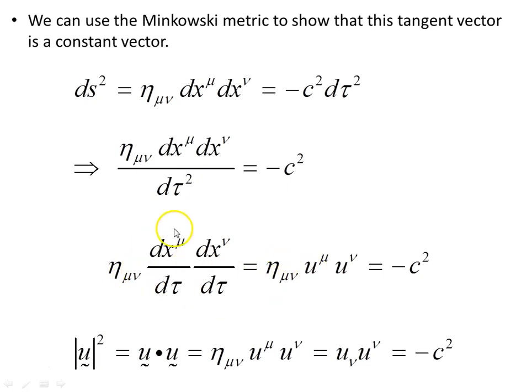As we saw earlier, these are the velocity coordinates, and this whole object is equal to minus c². So if we evaluate that, the magnitude of the velocity vector squared is u·u, and we use the metric and the velocity vectors. When we carry out that operation, that lowers one index and sums over μ, and it gives us the magnitude minus c². So that shows that this velocity vector is constant in relativity as well, in Minkowski space.